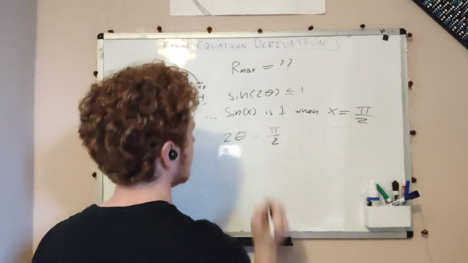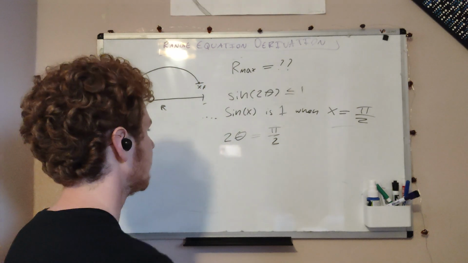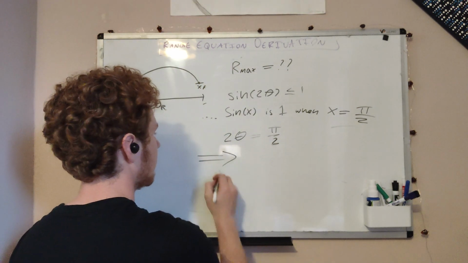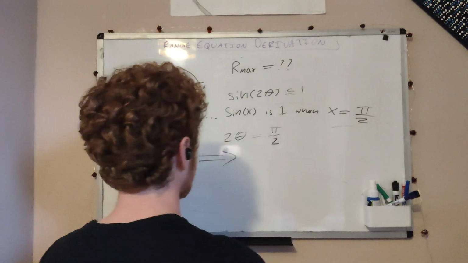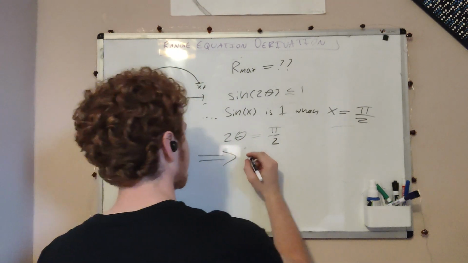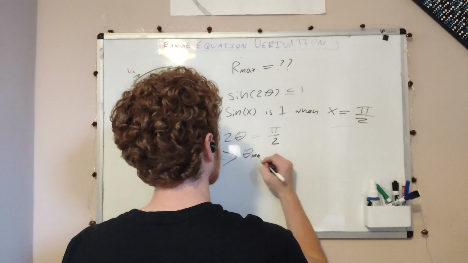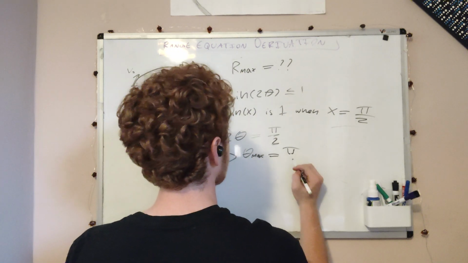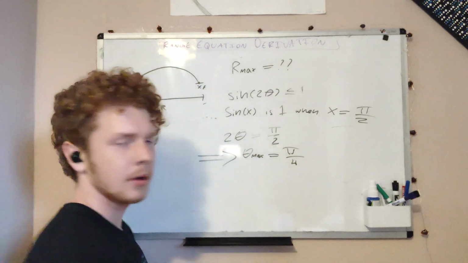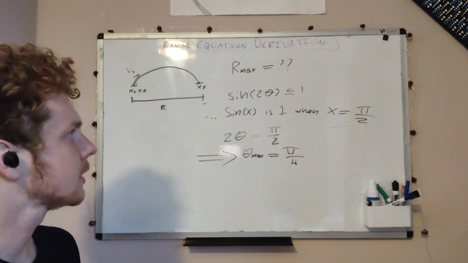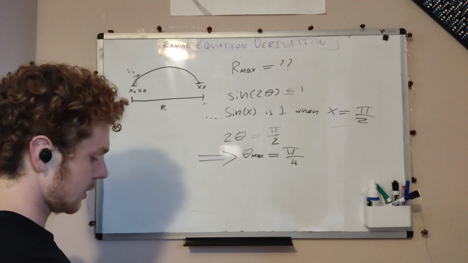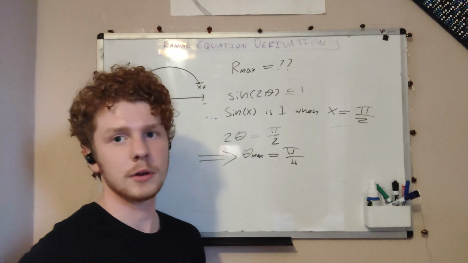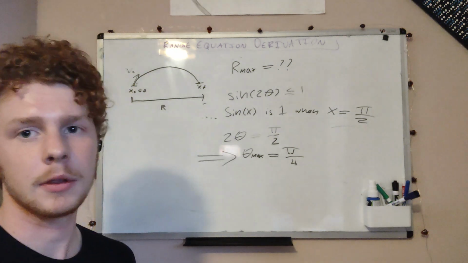Right? And if you simply solve for that, the angle, to find that max angle is pi over 4, or 45 degrees. So we deduced from the range equation, and since it has a sine function, there is a maximum, and everything else is constant.